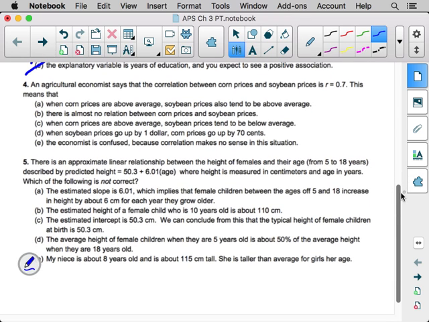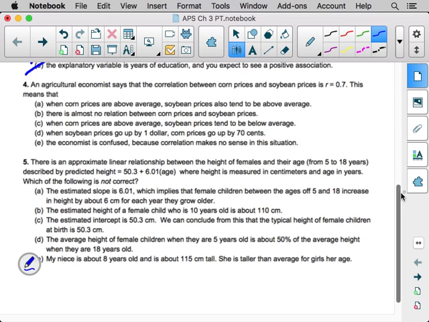Number 4, an agricultural economist says that the correlation between corn prices and soybean prices is 0.7. This means that, A, when corn prices are above average, soybean prices also tend to be above average. Now, I haven't really phrased it that way before, but doesn't that make sense?